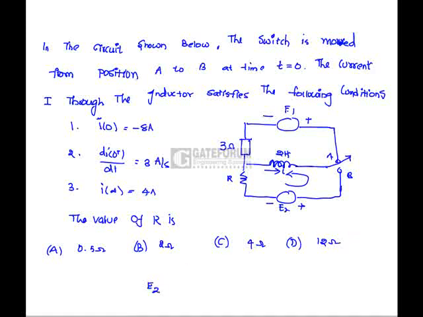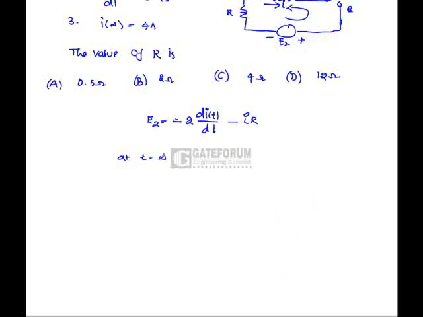Here E2 equals minus 2 di by dt minus IR. So at t equals infinity, E2 equals minus IR. I of infinity is nothing but 4, so E2 is equal to minus 4R.